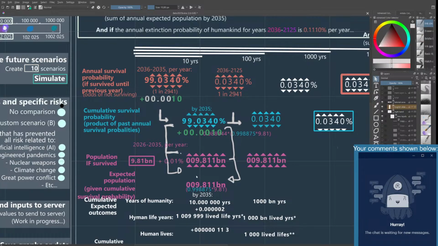On the other hand, it would be very nice to have this expected population in the same fonts, same decimals as this population input in case of survival, because then it's easier to make the connection and see the effect of these different survival probabilities in general.